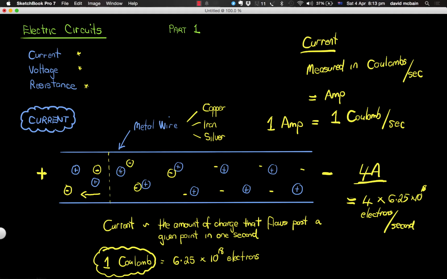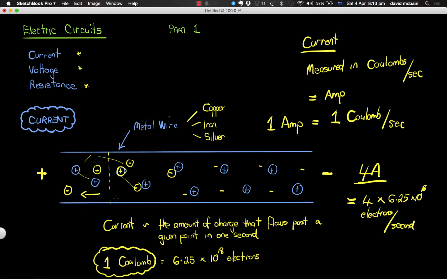And everyone guessed that it was the positive charges that were actually moving in the metal. This was hundreds of years ago. But of course, they were wrong. It's not the positive charges that move, it's the electrons. The positive charges are actually locked into the structure of the metal. They form part of the nucleus of the atoms, which do not move. What does move are the electrons, which are free to move from atom to atom.